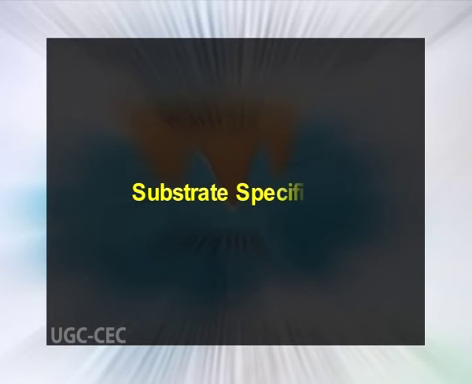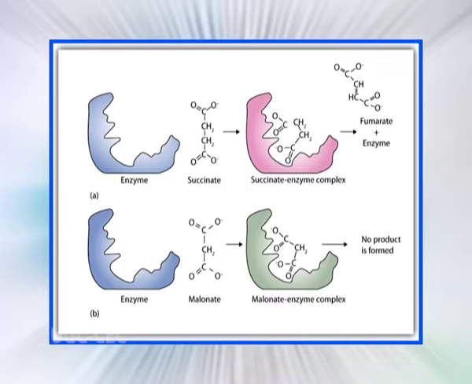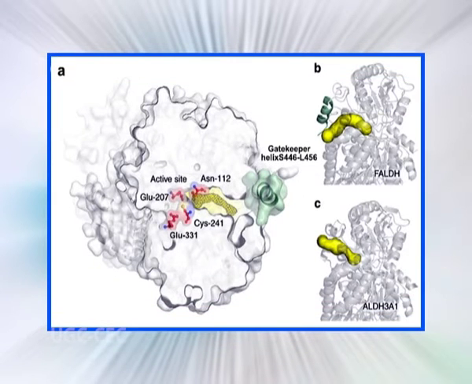Now we will see what is substrate specificity. The properties and spatial arrangement of amino acid residues in the active site of an enzyme will determine which molecule can bind as the substrate for that enzyme. Substrate specificity is often determined by changes in relatively few amino acids in the active site.